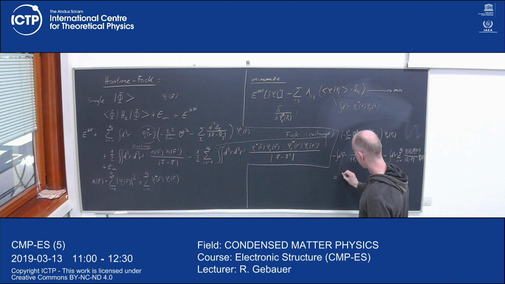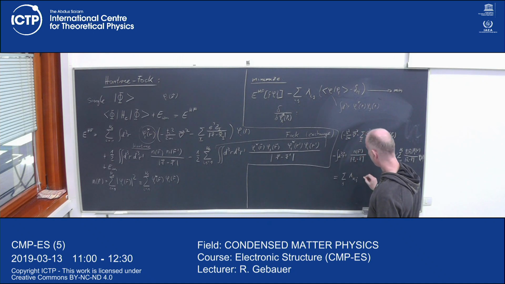This is therefore the sum over j lambda k j times phi j at 1.